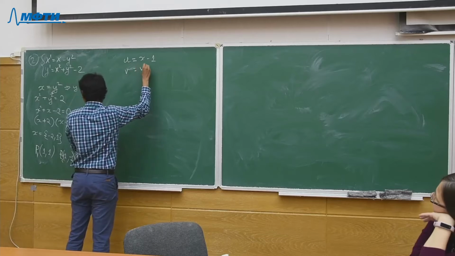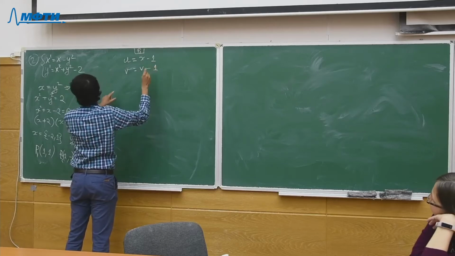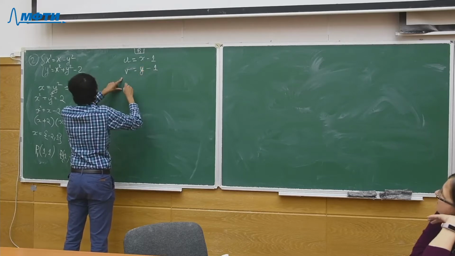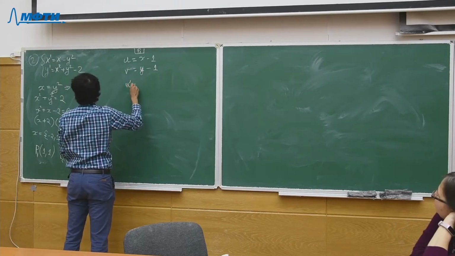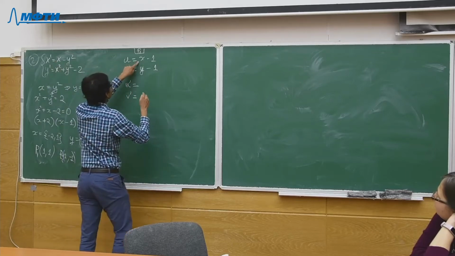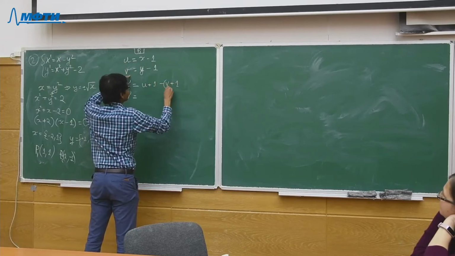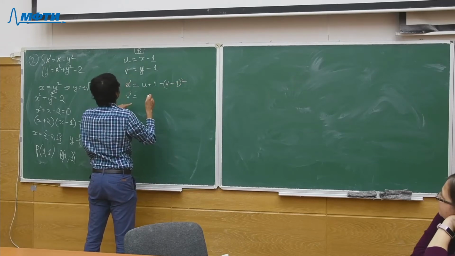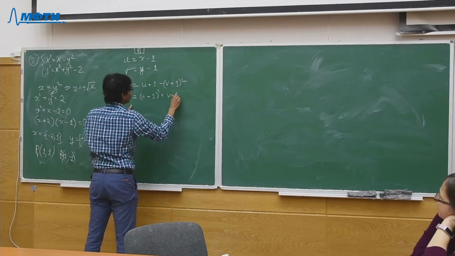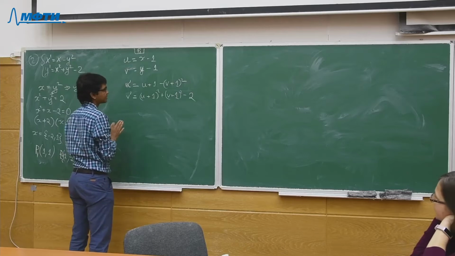So u is x minus 1, and now v is y minus 1. It must be y. Okay, now simplify then.